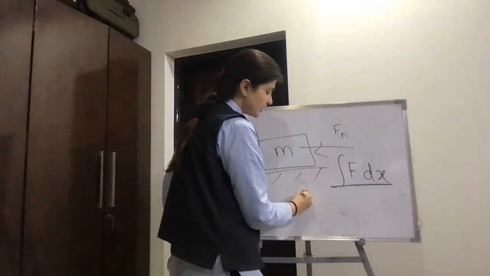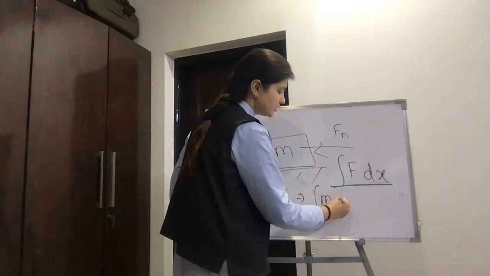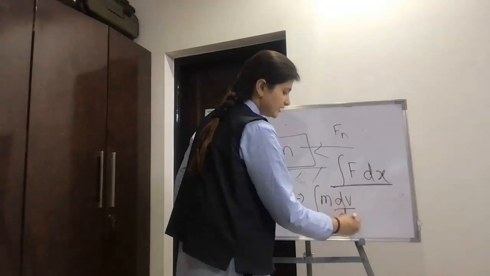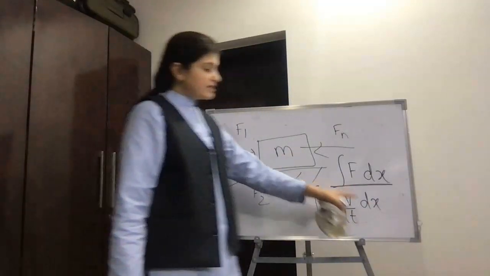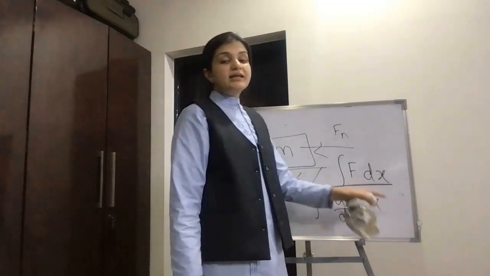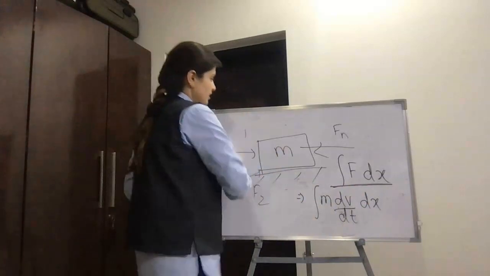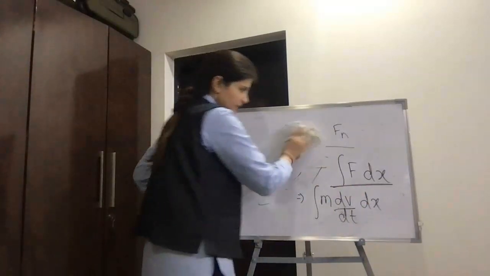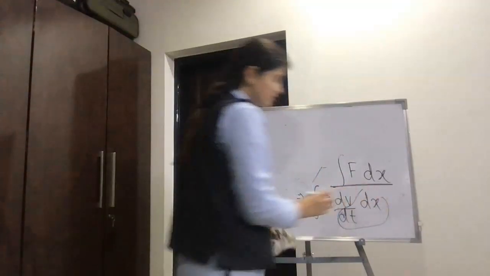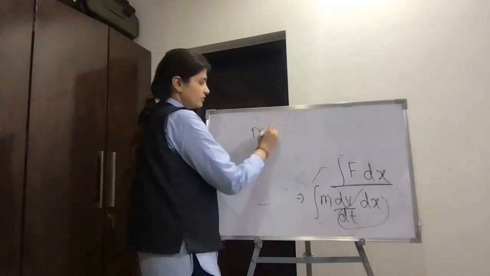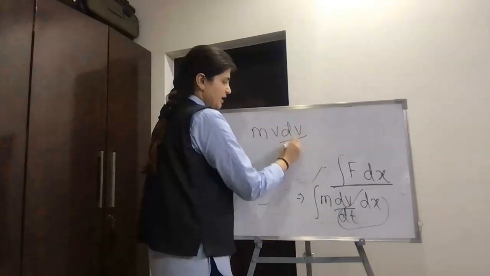Now this force can be written as mass into dv by dt, into dx. And this dx by dt is equal to velocity v. So this is equal to m v dv.